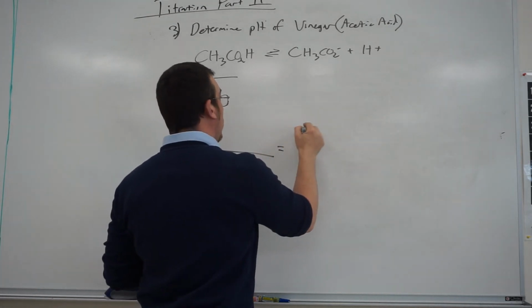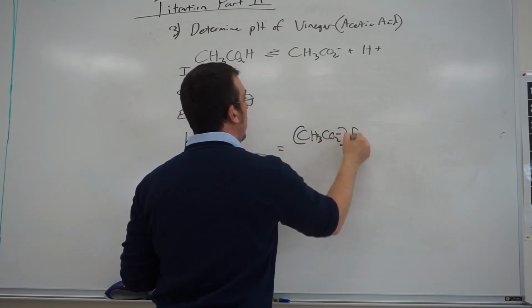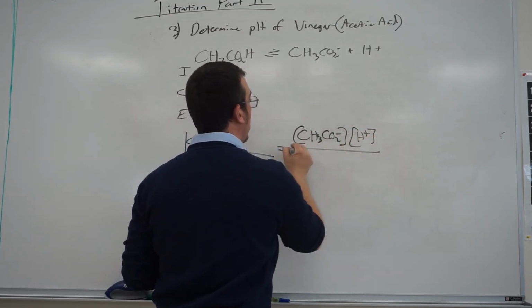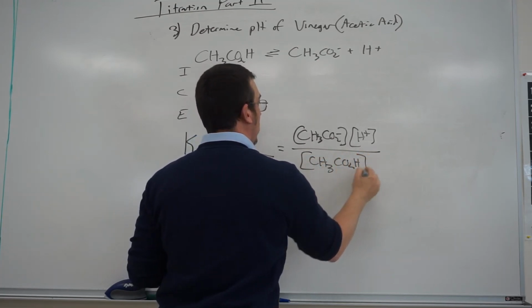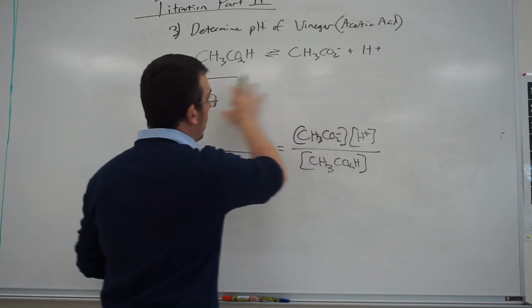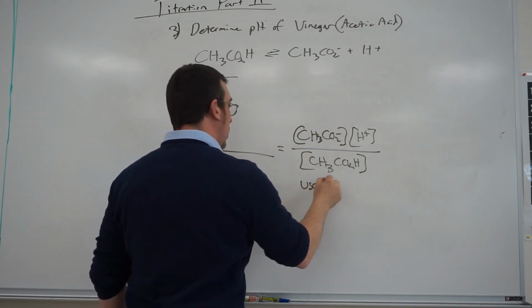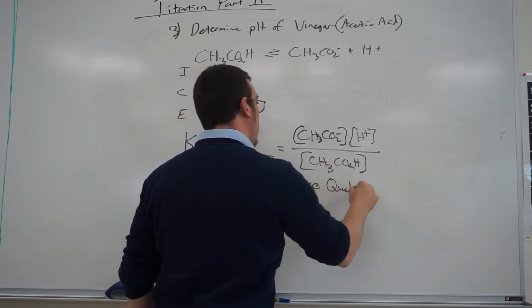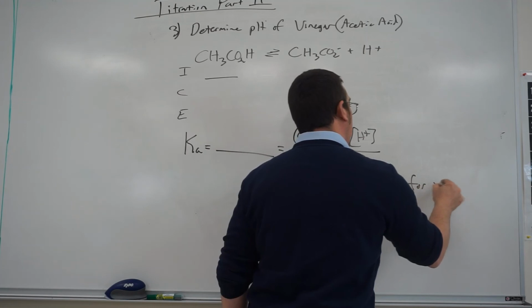So the equilibrium expression is going to be as such. You're going to take the information from the ICE chart, plug it in, and use the quadratic equation to solve for x.